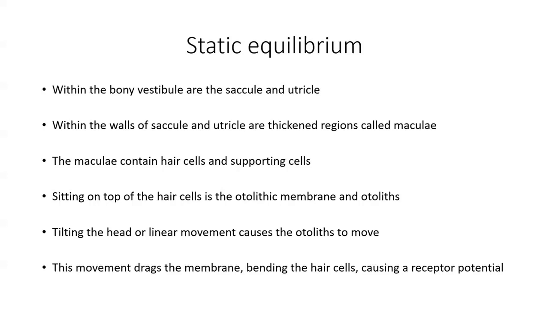Sitting on top of the otolithic membrane are the otoliths. Tilting the head or accelerating or decelerating causes those otoliths to move or fall forward or back. This movement drags the otolithic membrane, bends the hair cells, and causes a receptor potential.